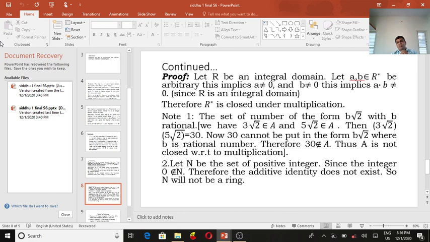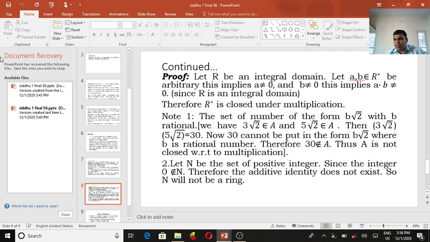We had examples in previous sessions, sessions 3 and 4, but I am taking an example here. Now it is clearly understood what the number of the form b root 2 is, where b is a rational. We have 3 root 2 belongs to A, and 5 root 2 belongs to A. The elements of A are of the form b root 2.